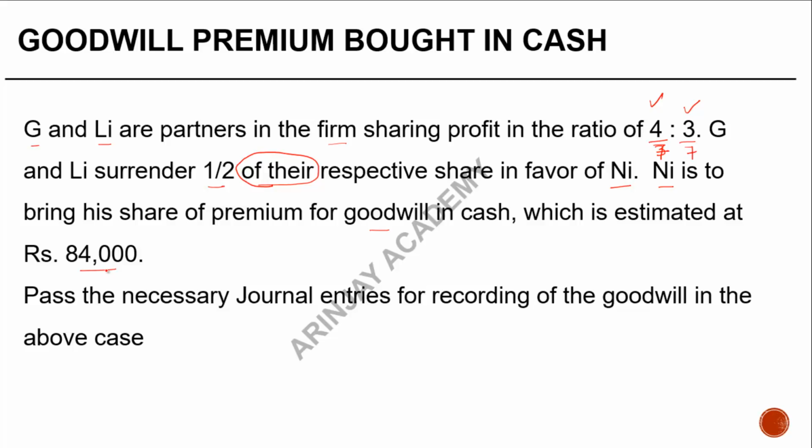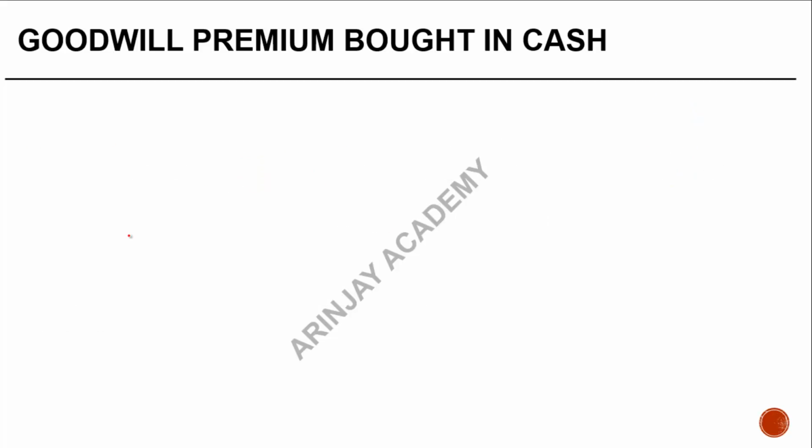Now, there are two entries which have to be passed over here, right? The first is the money comes in: you debit bank account and you credit goodwill premium account, 84,000.